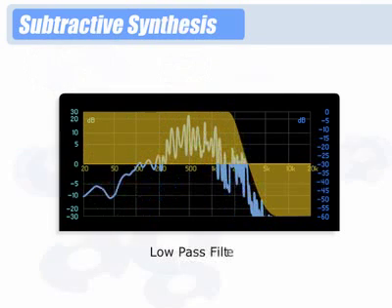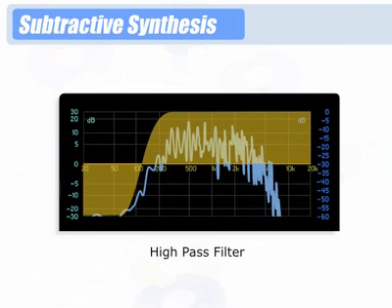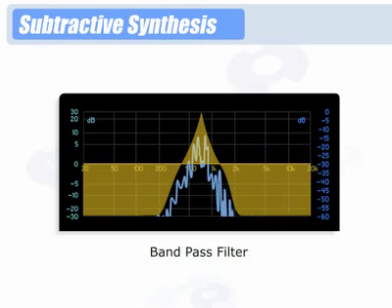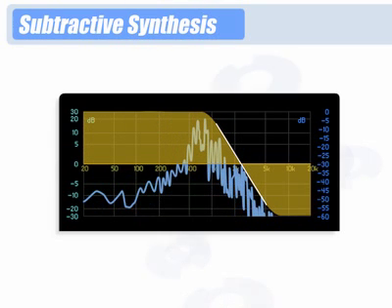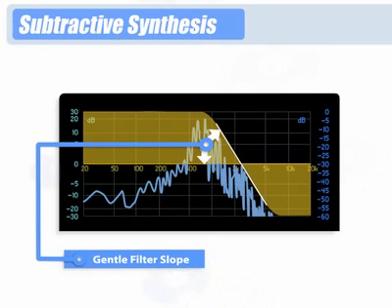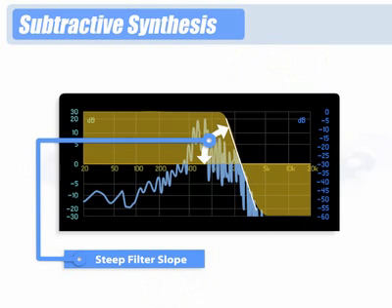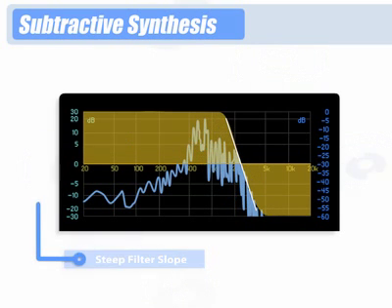These are referred to as low pass, high pass, and band pass filters, respectively. How drastically the cutoff occurs is referred to as a filter's slope, and this can affect the resulting sound. Gentler slopes tend to have a more natural sound, while steeper slopes yield a more distinctive sound.